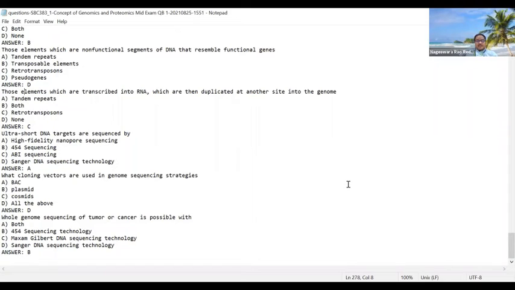Okay, the last question here is whole genome sequencing of tumor or cancer is possible with 454 sequencing technology, Maxam Gilbert DNA sequencing technology, or Sanger DNA sequencing technology. Which one is the answer?